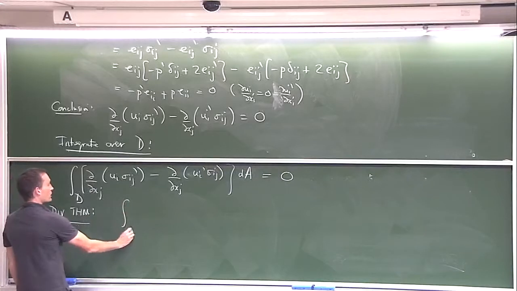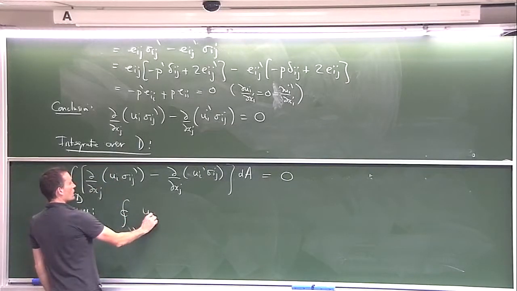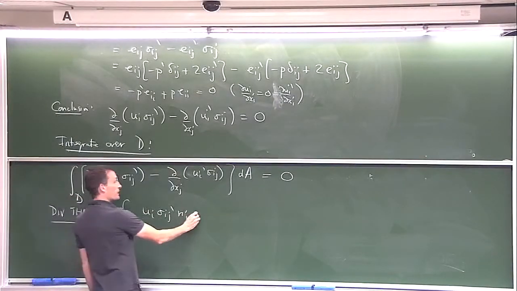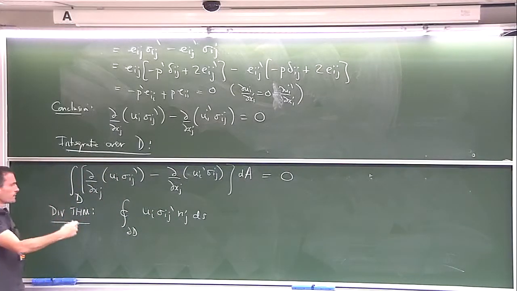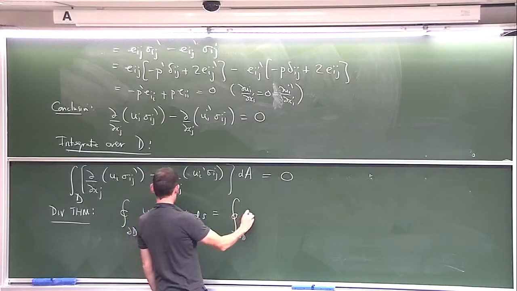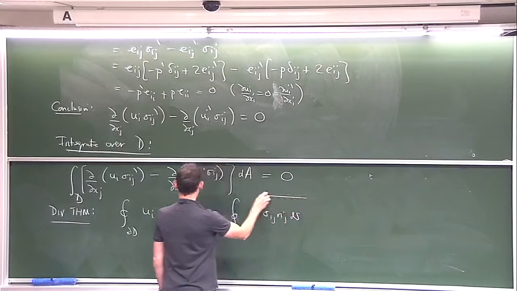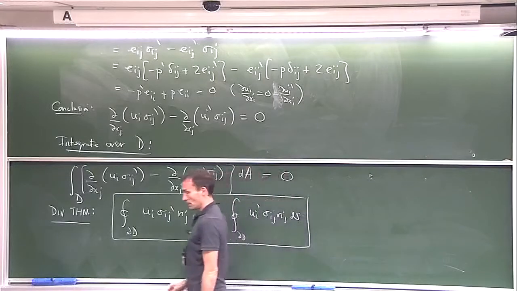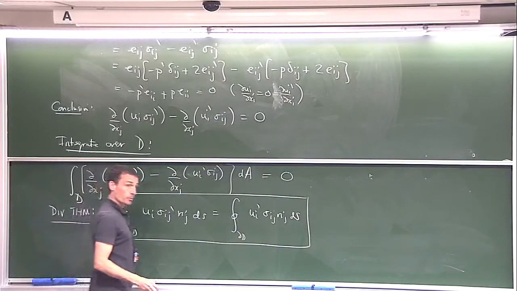This becomes an integral around the boundary of D of ui sigma ij prime nj ds, where ds is the little arc element in two dimensions. And I'm going to move the other one over to the other side. And that's it. That's the statement of the reciprocal theorem.